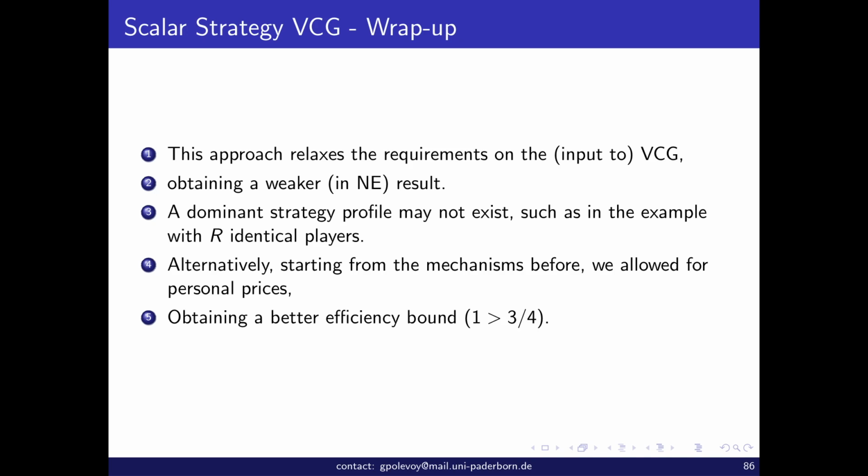Now, one important thing is that before there was a unique equilibrium for this game, the price anticipation agent. So the unique equilibrium, the price of anarchy or stability, because it's unique it's the same, was tightly bounded by 3/4.